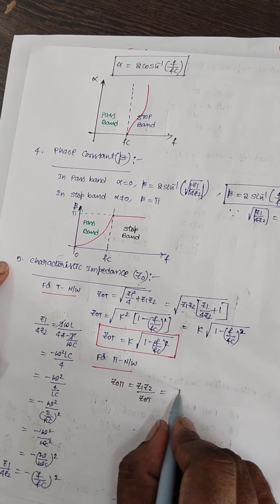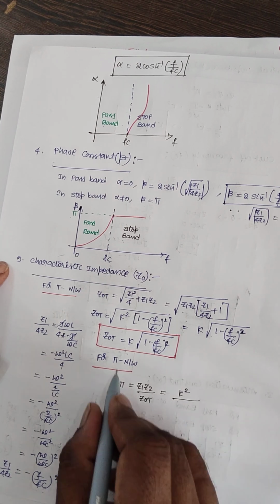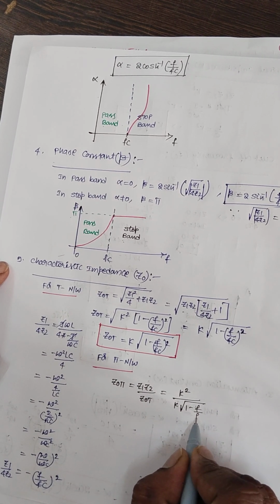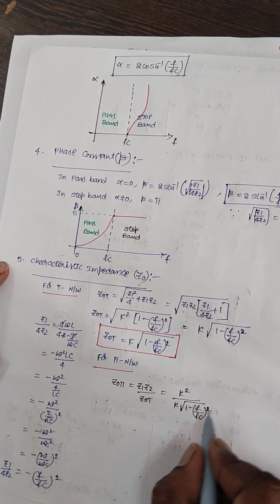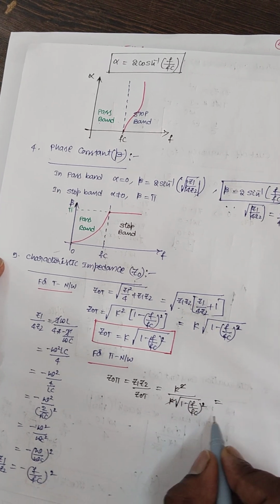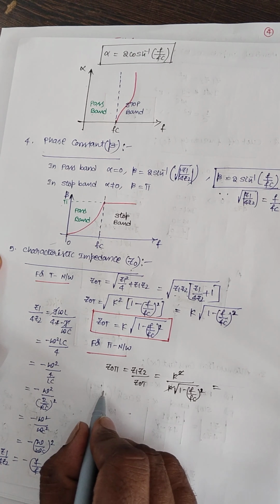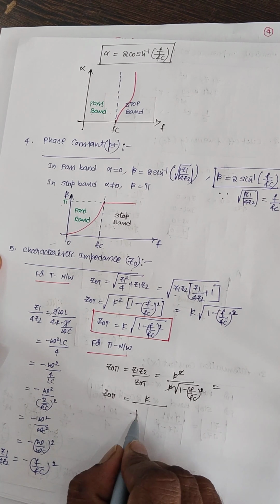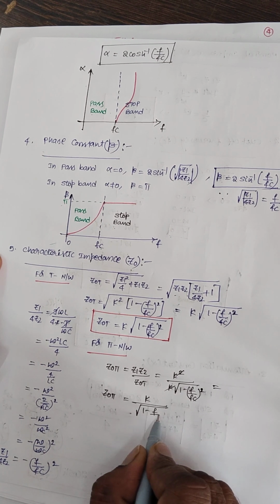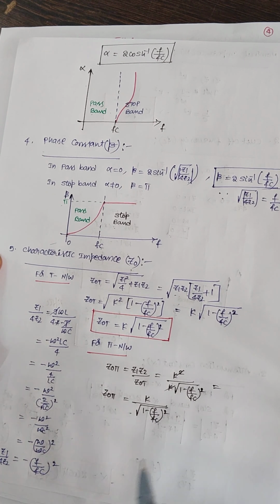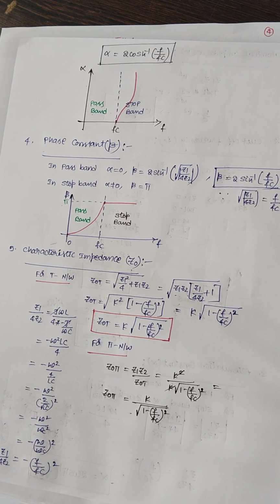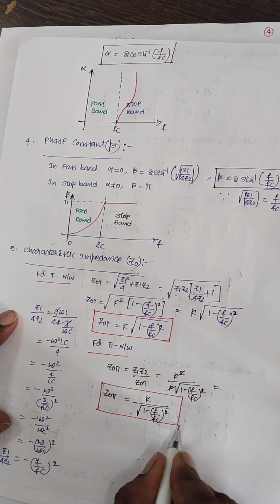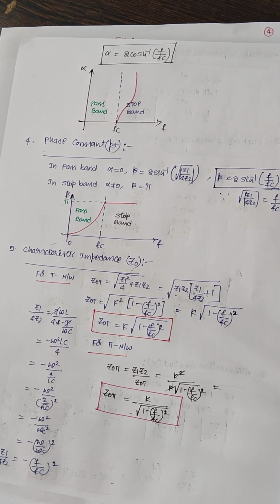Z1 Z2, we already know that it is K square, divided by Z0T, which we just calculated as K times the square root of 1 minus F divided by Fc whole square. This K and this square will get cancelled. So Z0 pi is equal to K divided by the square root of 1 minus F divided by Fc whole square. This is the expression for the characteristic impedance of a pi network.